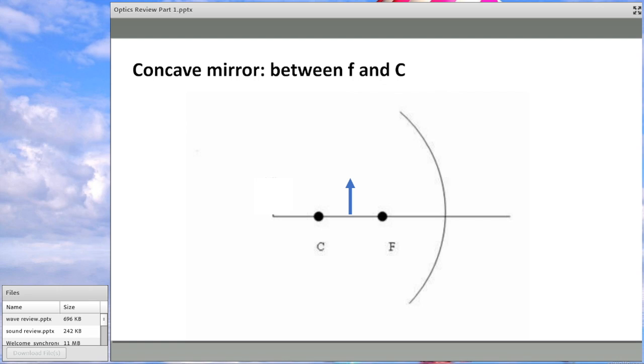Okay, now between F and C. I'm going to draw our 3 different lines again. I'm going to do my green one first again. So I'm going to go from the top of my arrow. Uh-oh, I've got this big arrow. I just want a straight line.